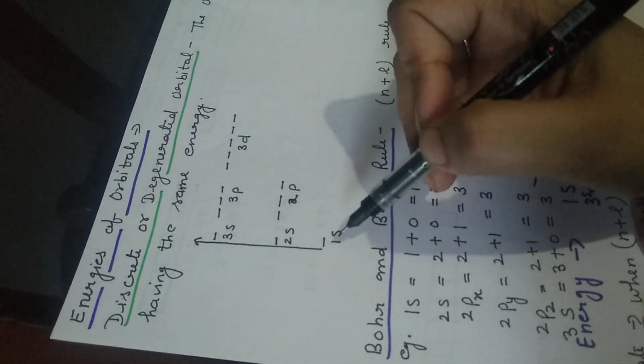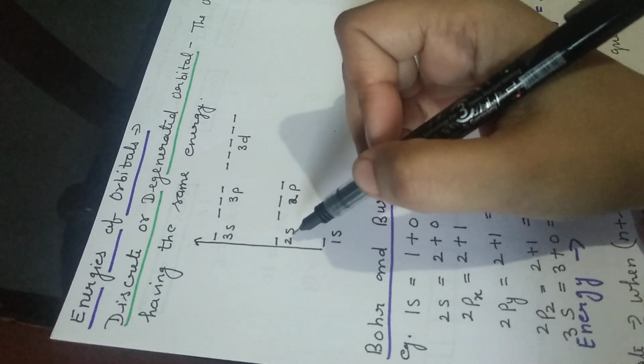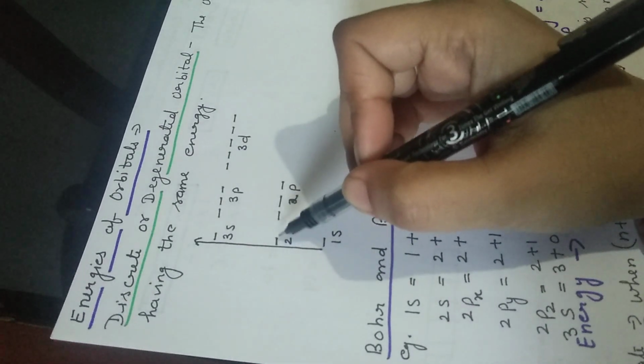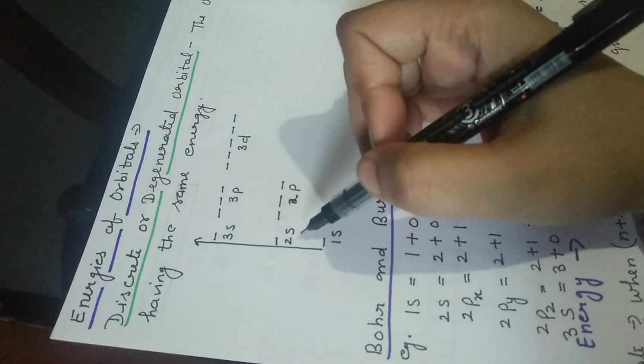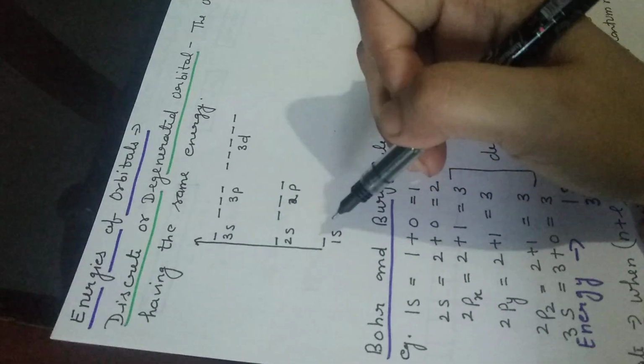Now here we draw the different shells for hydrogen. Now it is 1s, now it is 2s, and after 2s, 2p comes. Now we will understand the meaning of this dash. In 1s we have only one dash, and in 2p we have three dashes. What does it mean?